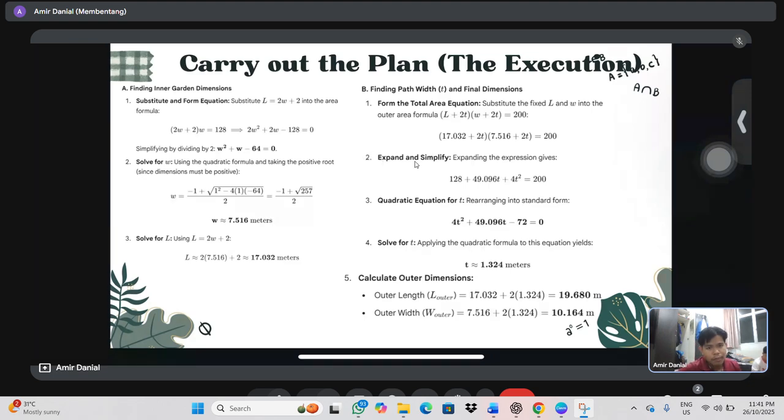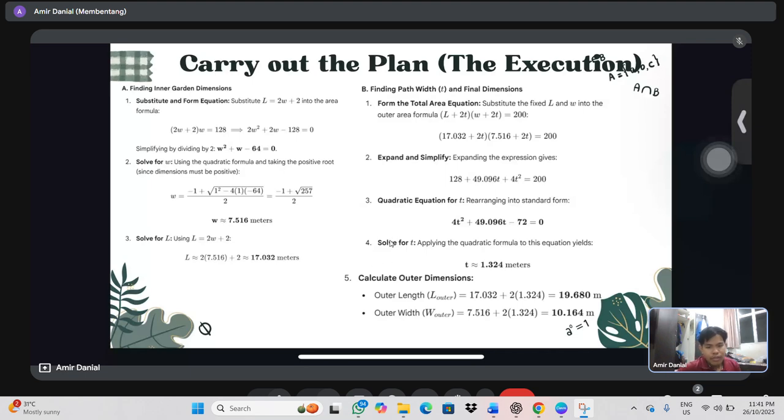Step 2, expand and simplify. Expanding the expression gives 128 plus 49.096T plus 4T squared equal to 200. So the quadratic equation in T, we need to rearrange into standard form, and it becomes 4T squared plus 49.096T minus 72 equal to 0.